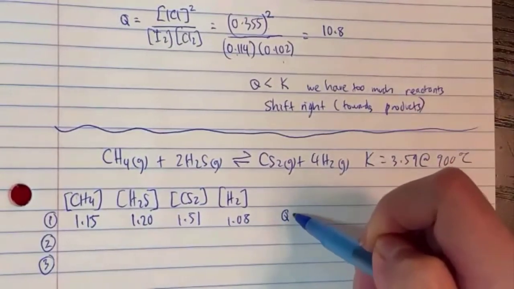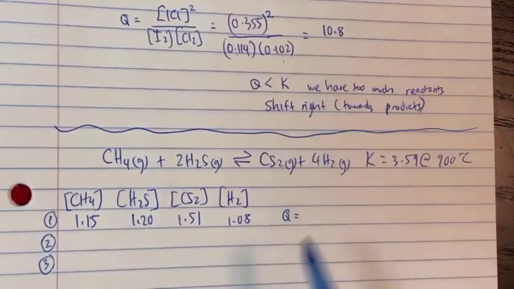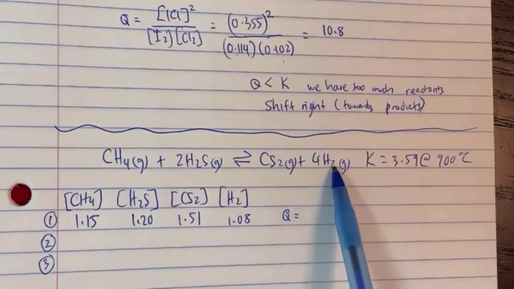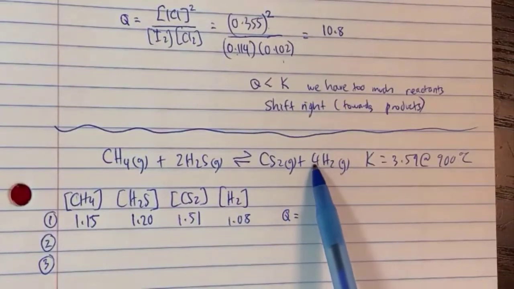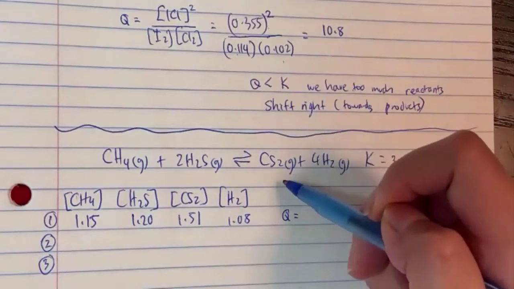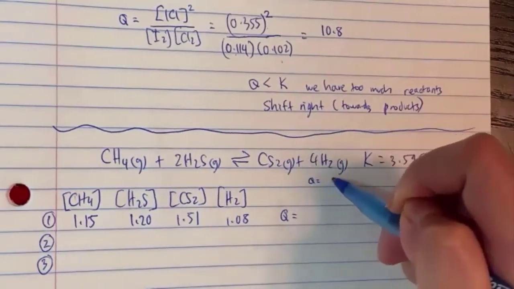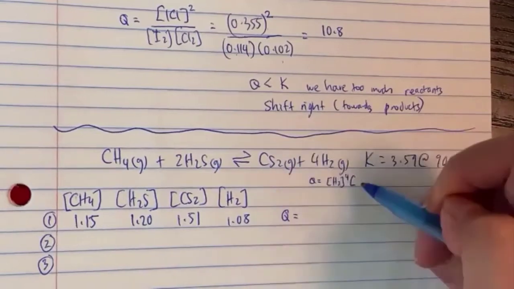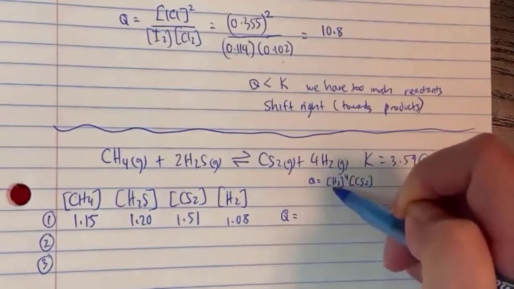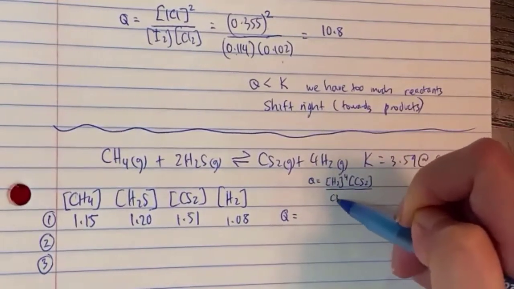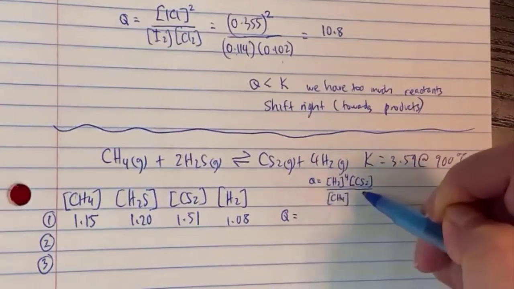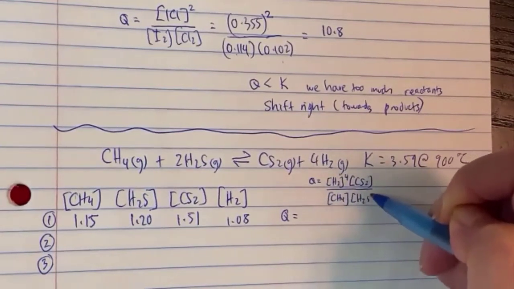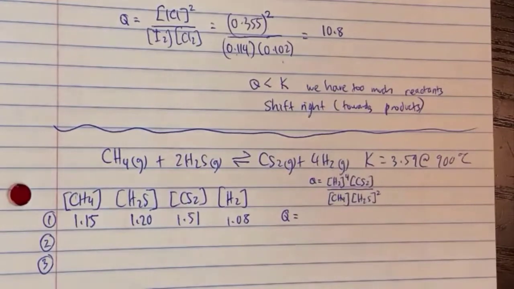So Q is, in this case, what? It would be H2 to the power 4. I guess I should write it up here. Q formula is H2 to the power 4 times CS2 divided by CH4, and then H2S squared.